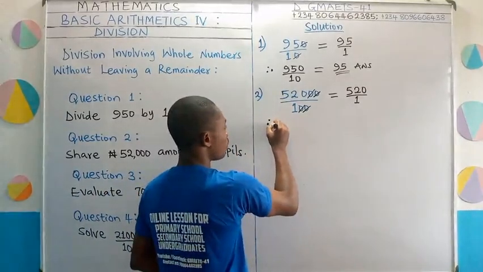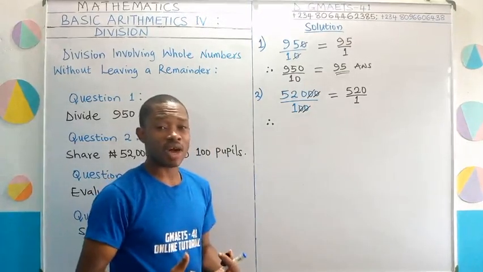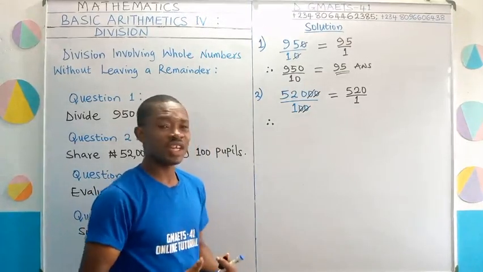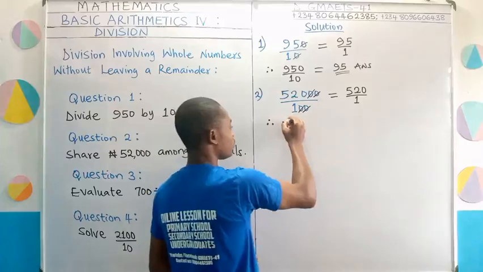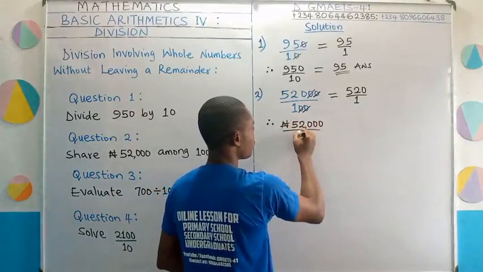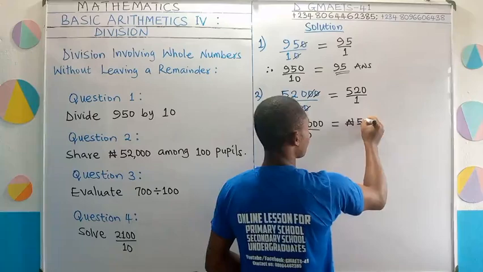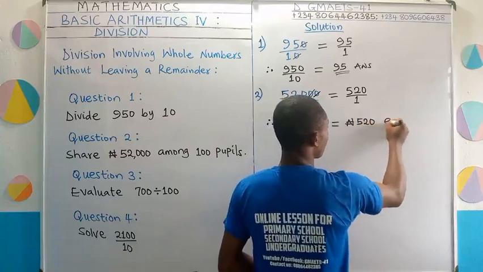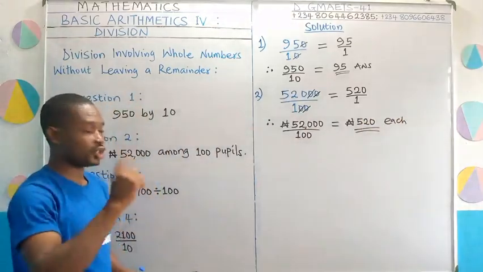I will conclude, therefore, sharing 52,000 naira among 100 pupils, each person will take 520 naira. So we have 520 naira each.